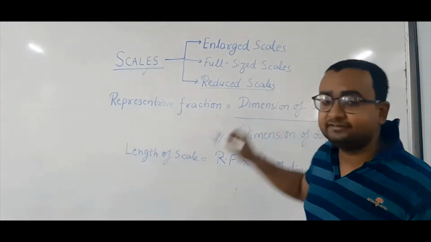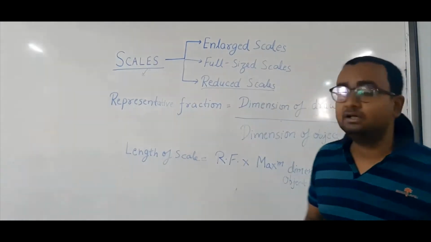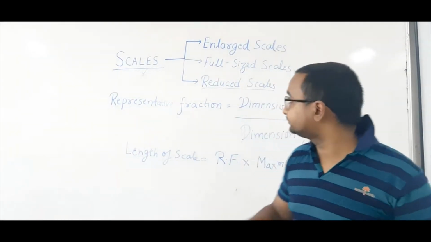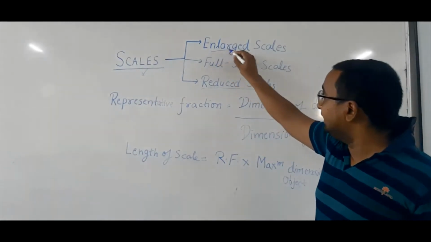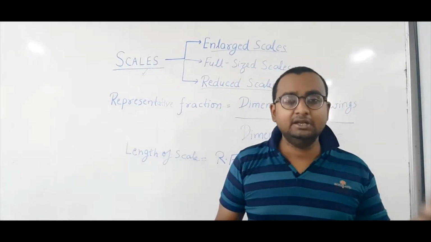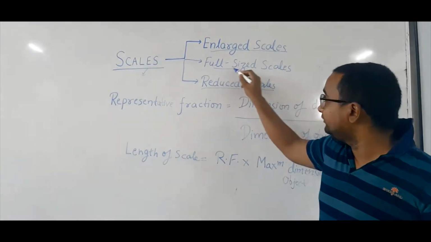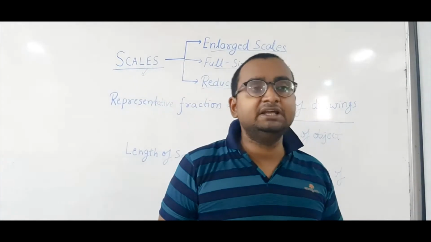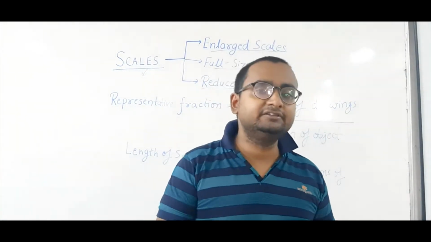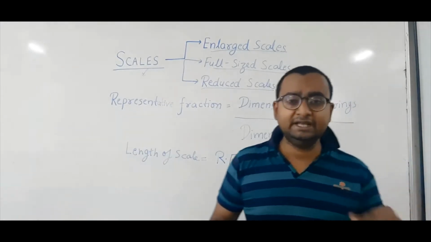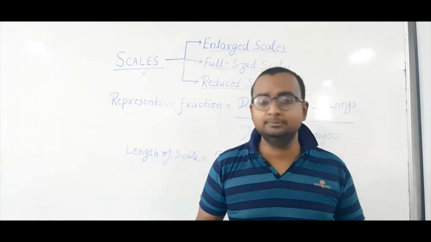In reduced scale, the dimension of an object is reduced, while in enlarged scale the dimensions of an object are enlarged, while in full size scale the dimensions of the object and the dimensions of the drawing are the same or comparable.